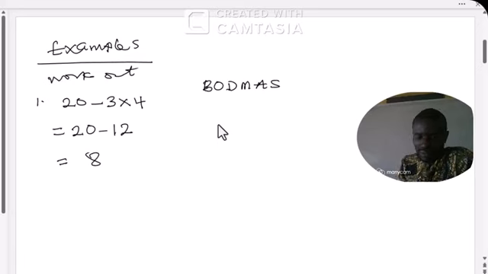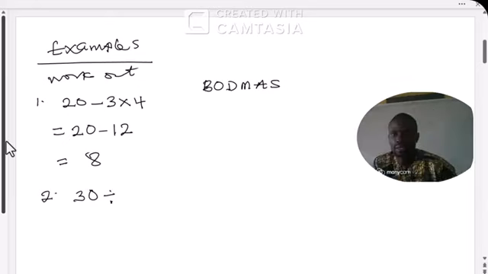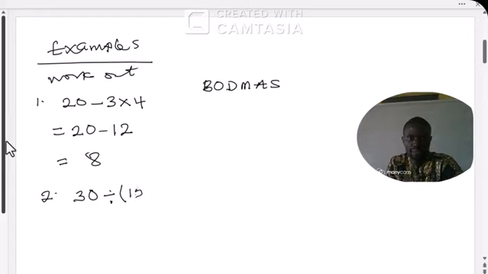Okay. Now let me give you another example. 30 divided by, now open brackets, 15 minus 12.